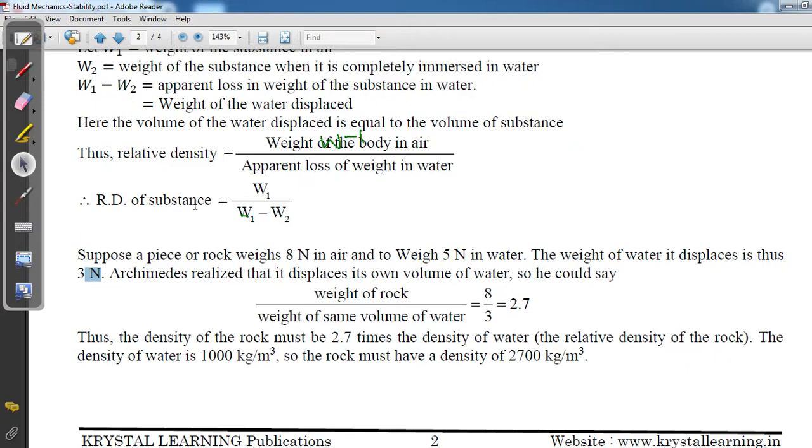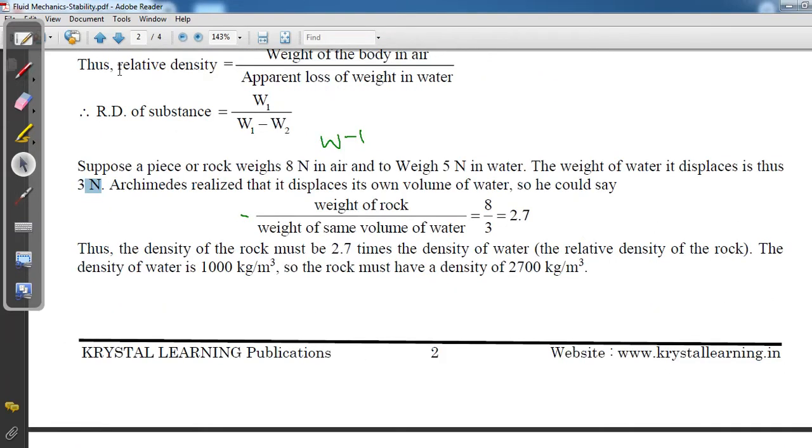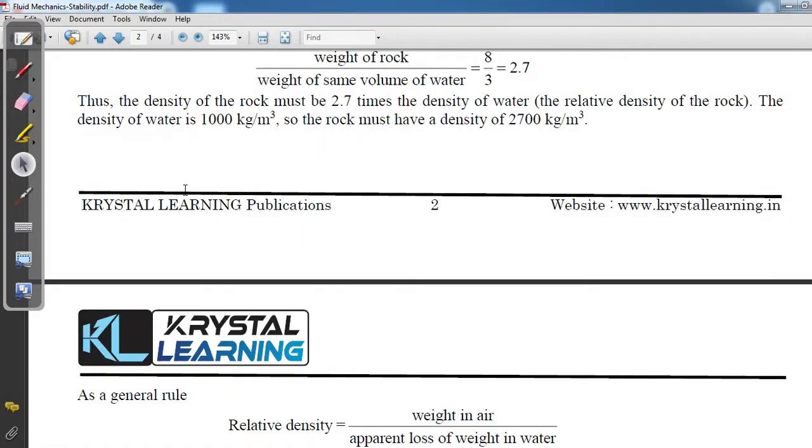So we have defined relative density like this. That means if the density of water is given as 1000 kg per meter cube, then the rock must have a density of 2.7 into that density of water, that is 2700 kg per meter cube. So this is the formula of relative density. Remember this formula also if you want to calculate the relative density of a solid.